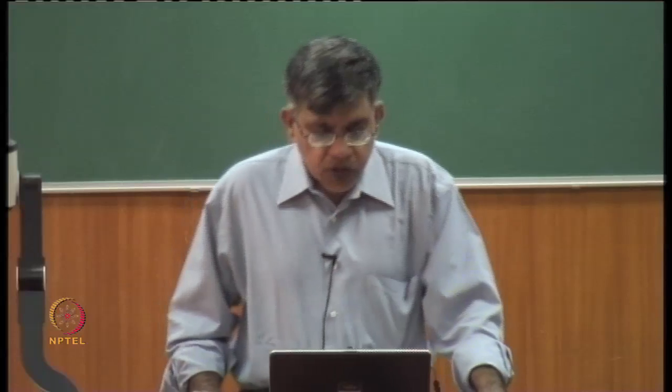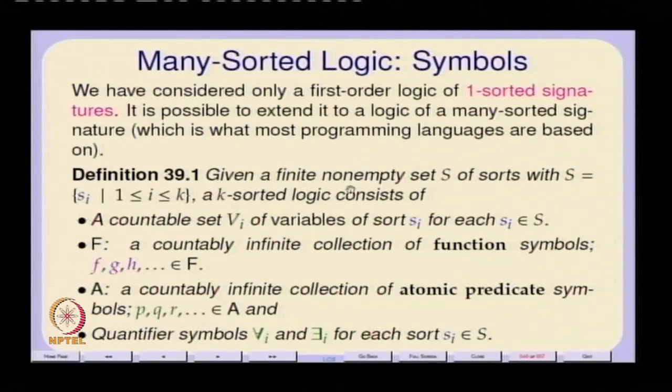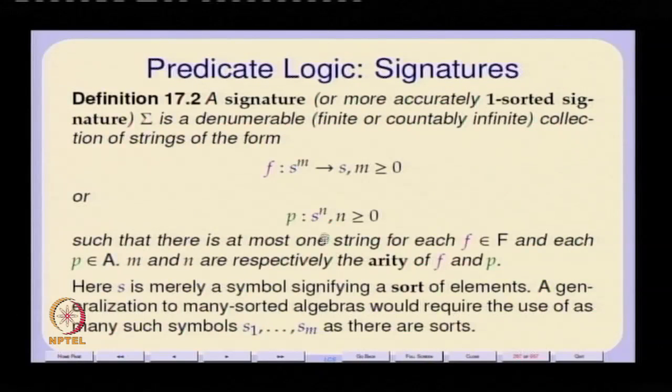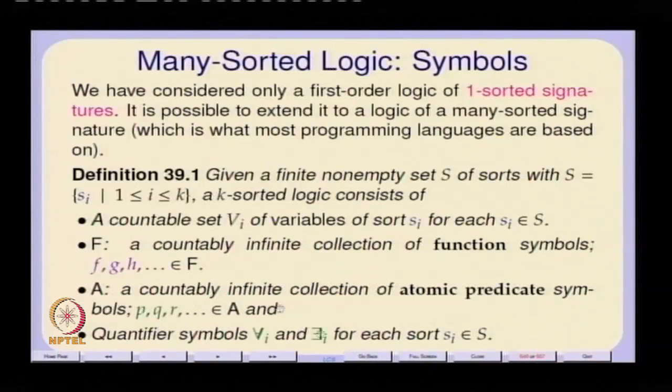So, we will call these different kinds sorts. So, assume given a finite non-empty set S of sorts, with S equal to Si, 1 less than or equal to i less than or equal to k. So, this single symbol S, which I used for one sorted signatures as just a symbol, now gets replaced by a collection of such symbols, one for each sort, one for each kind of element that we are talking about.